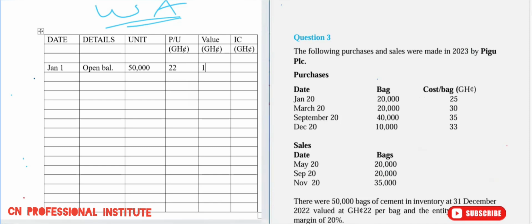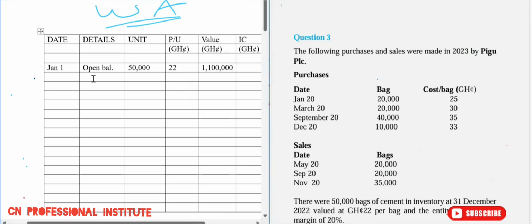Multiply and we get 1,100,000. Then the next one is January 20th. We make another purchase. How many units did we purchase? We purchased 20,000 at 25. That will give us 500,000.